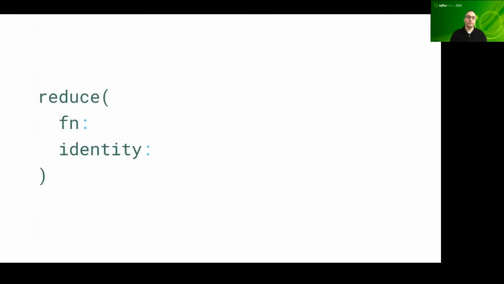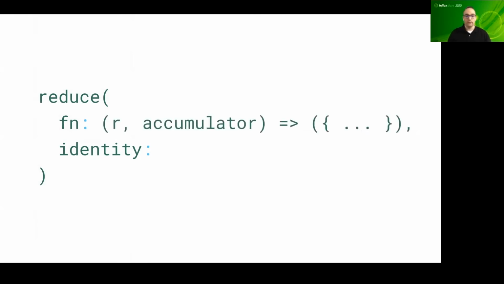The reduce transformation expects two parameters. The first one is fn. This is a function that takes in the row record as well as an accumulator record. The accumulator is a record output from the previous row iteration.